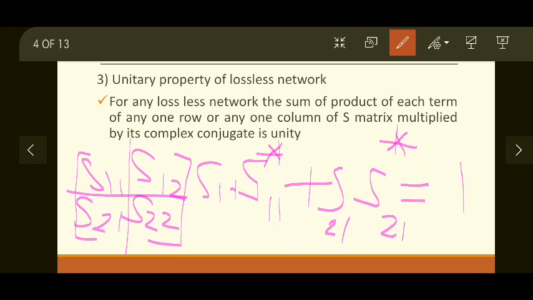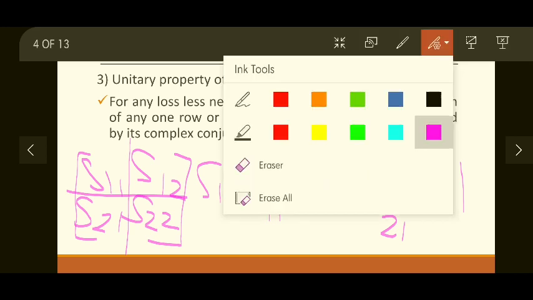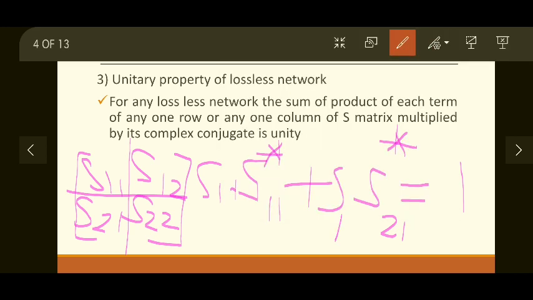Now the important thing about this property is that if we mix the row or column, that is, S11 into S11 conjugate plus S12 into S21 conjugate instead of the same parameter, let's say S12 here, then this answer would be 0.